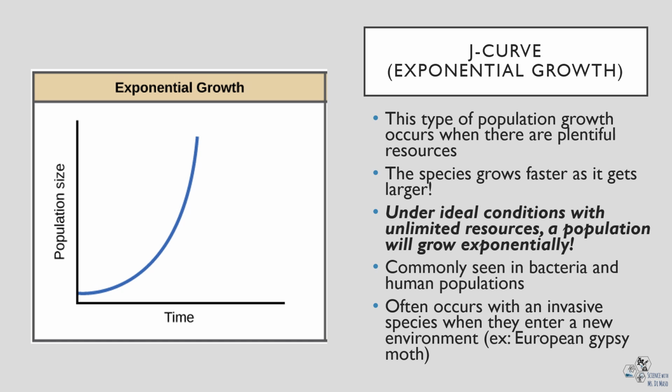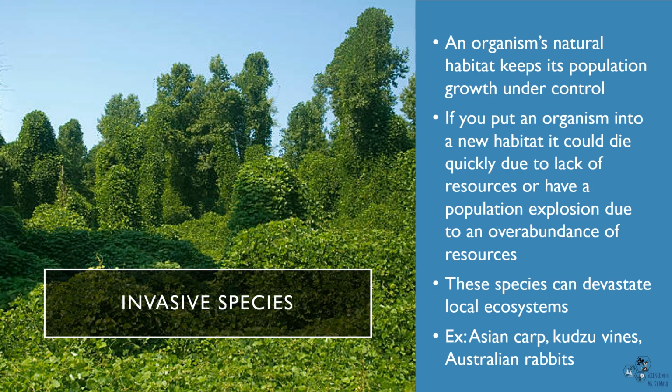And so you'll see a huge boom in their population size after they're introduced. So, as I said, an invasive species is a species that is not native to an area but gets introduced unintentionally, usually. So, usually an organism's natural habitat will keep its population under control.